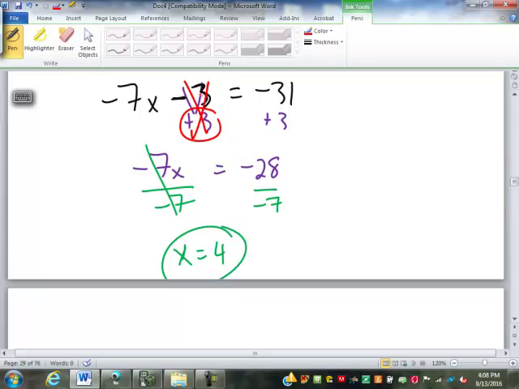So we canceled out. Same on both sides. So we have to do what we do to one side, we have to do exactly the same thing to the other side. But you'll notice that what we did here is the opposite of what was already here to begin with. But the reason it is the opposite is we had to do the opposite to get rid of it. Does that make any sense? Yep. Okay.